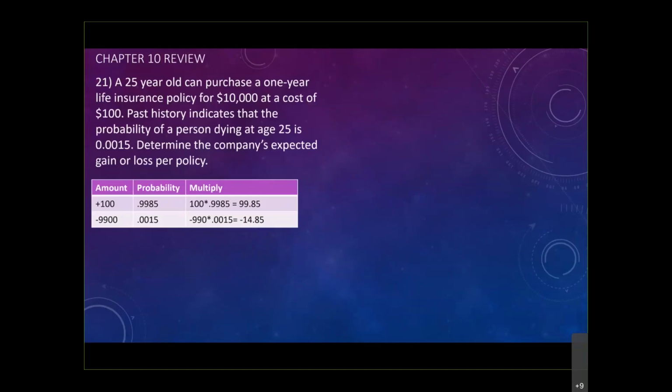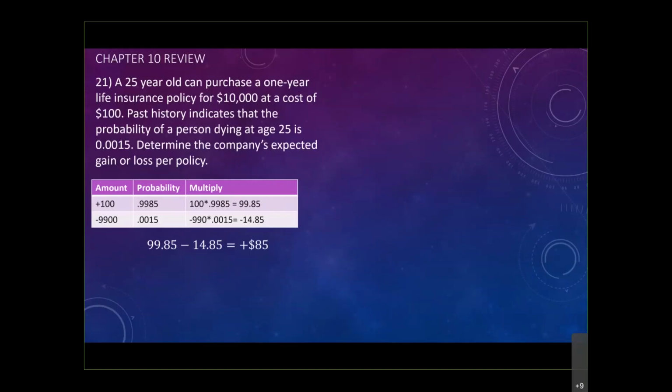And then what we do is multiply the 100 times the probability, and the negative 9,900 times 0.0015, and then we add them up, or in this case, we subtract them. As you can see, the insurance company gains $85 per customer whoever buys at the age of 25, right?